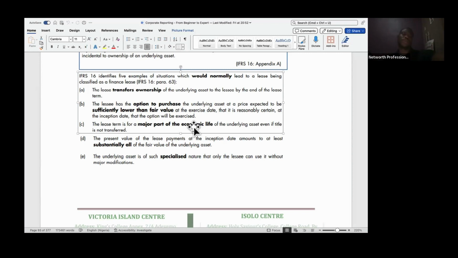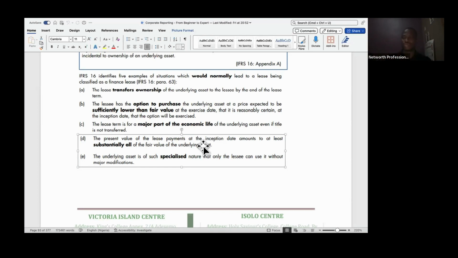Another one is the present value of the lease payment at the inception date amounts to at least substantially all the fair value of the asset. I mean, remember that at the inception of the lease or at the commencement date, there would be the present value of the lease payment that the lessee usually determines as lease liability, the PV of how much the lessor will collect or how much the lessee will pay.